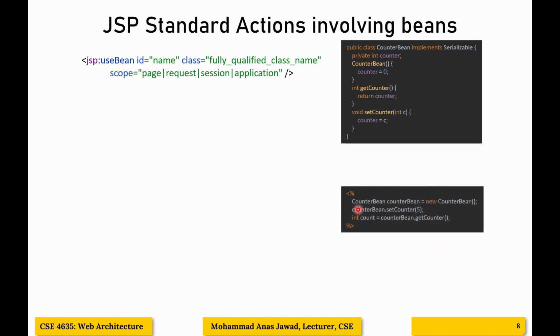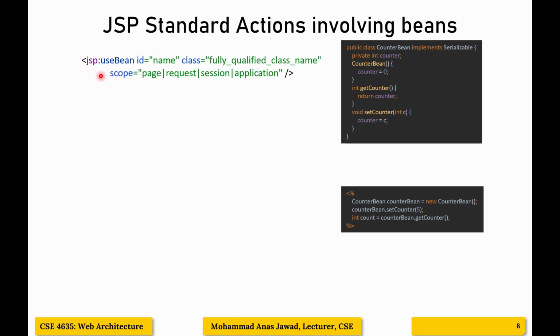We could have created a scriptlet, and inside of that scriptlet, we could have created a counterBean object. We could have used the setter and getter methods like this as well. But since this is discouraged, we will be using JSP standard action tags instead to perform these similar things. All right, so let's see how action tags work first.